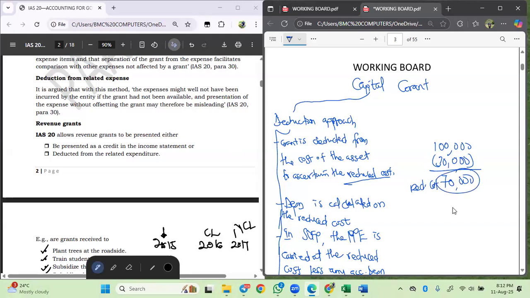And this 70,000 is what you are going to use as your depreciable amount. In other words, you are going to charge your depreciation not on the original cost, but rather the reduced cost 70,000. And also, when you go to the statement of financial position, the PPE, you recognize it as 70,000 less any accumulated depreciation. If there's one depreciation, just deduct your depreciation to get your net book value or the carrying amount. Please, is the first approach under capital grant okay?